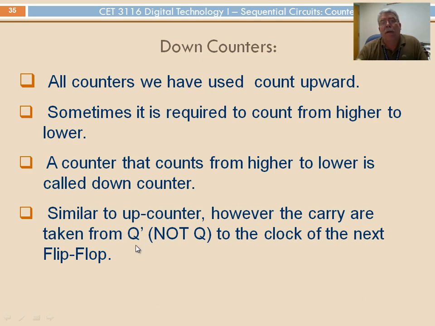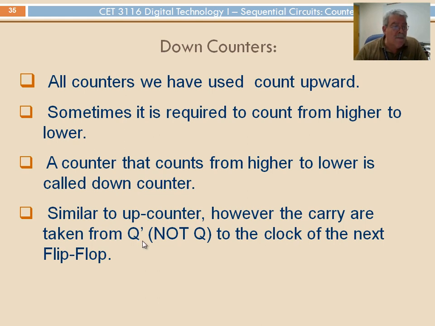So in the case of ripple counters that count up, we take the non-complemented output of the flip-flop and feed the clock to the next flip-flop on the right. In this case, we're not doing that. We're taking Q naught.